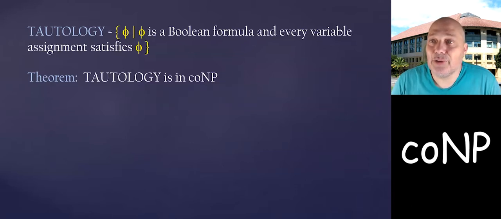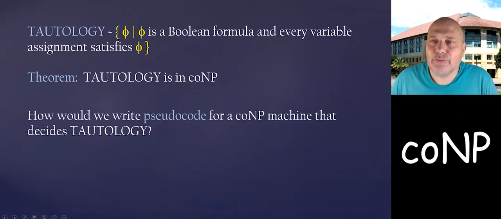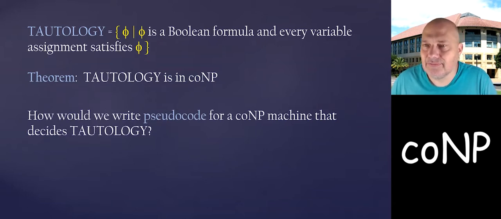The theorem is that tautology is in co-NP. How would you write a pseudocode for a co-NP machine that decides tautology? To do that, you would say for all, try all assignments and check that all of them are satisfying.